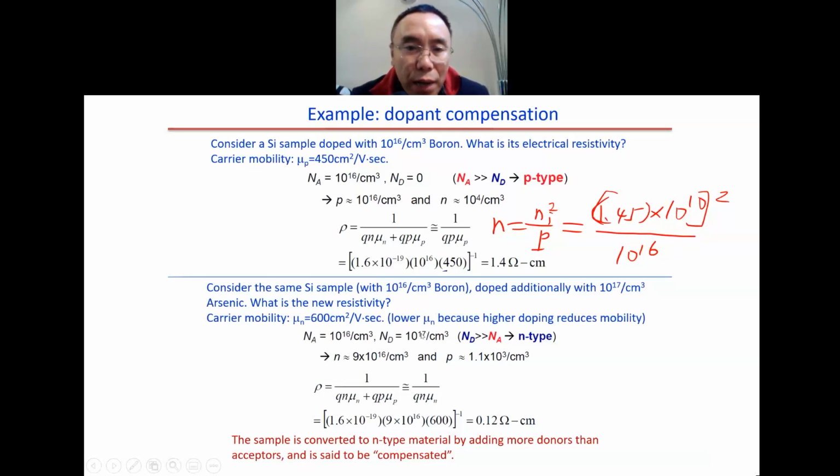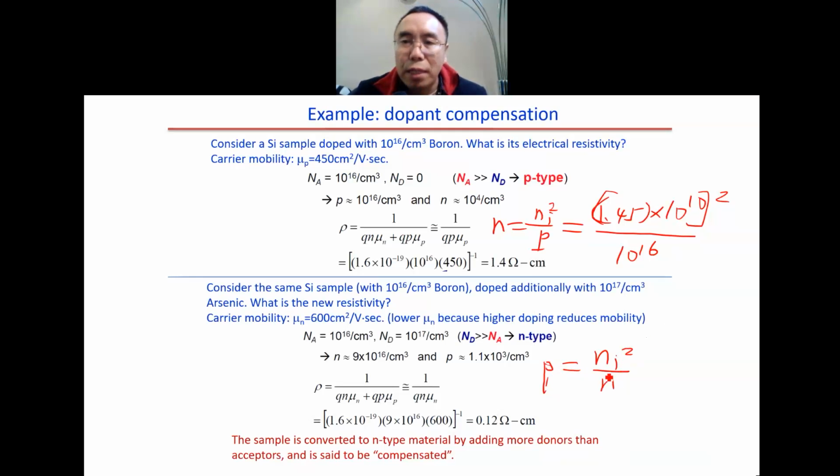Here we have Na equal to 10 to the power 16, the same as before, and Nd equal to 10 to the power 17. So n is Nd minus Na, which is 9 times 10 to the power 16. p you can calculate the same way: p equals ni squared divided by n.